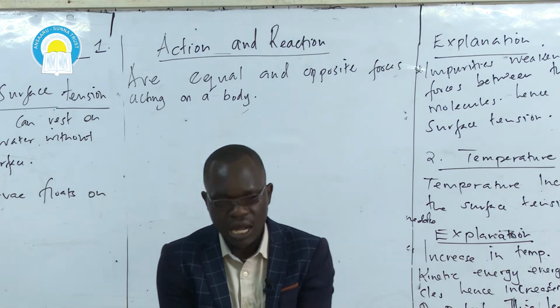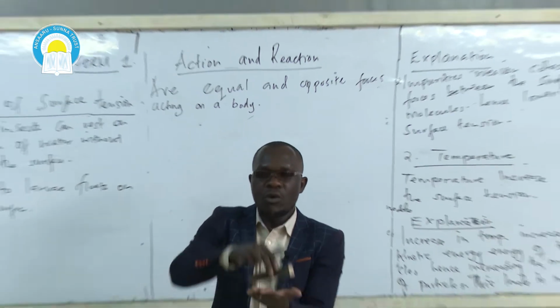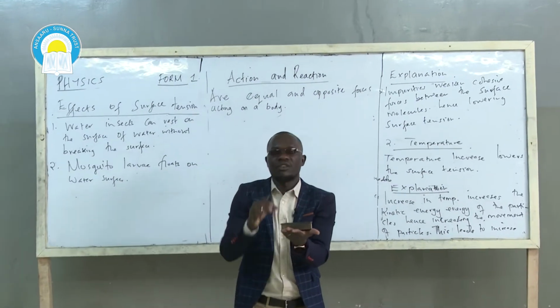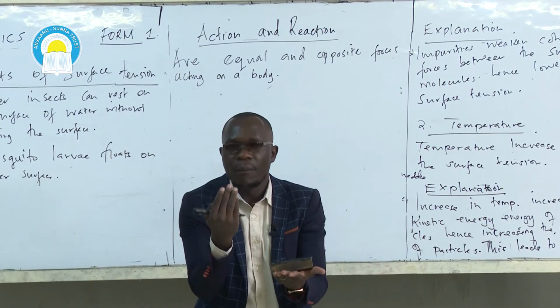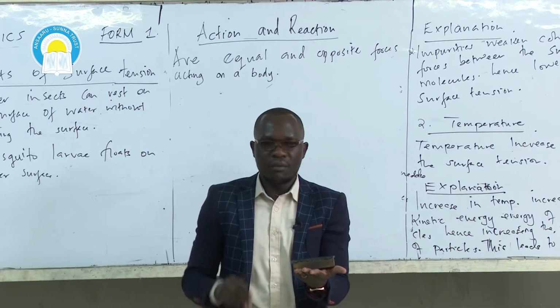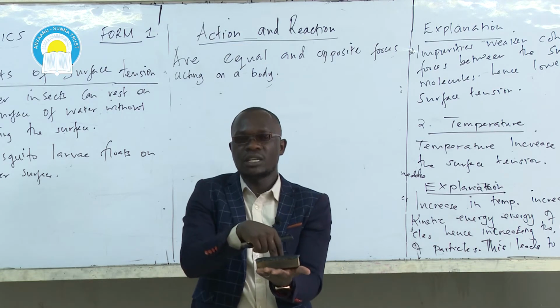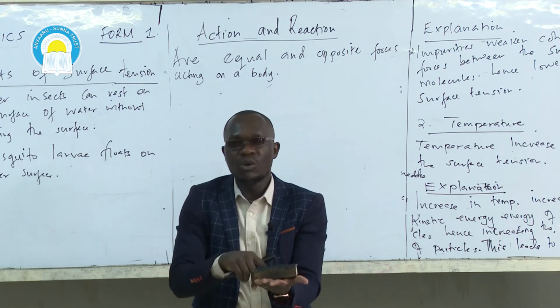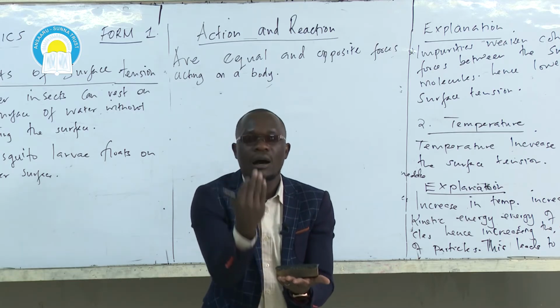Likewise, the hand presses back on the duster. As the weight of the duster is pressing on my hand surface, my hand presses equally on the duster in the opposite direction. Because the weight of the duster is acting on my hand, pressing it downwards, the hand will react, producing an equal force on the duster in the upward direction.